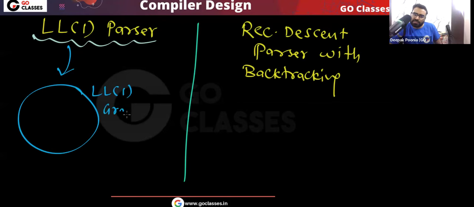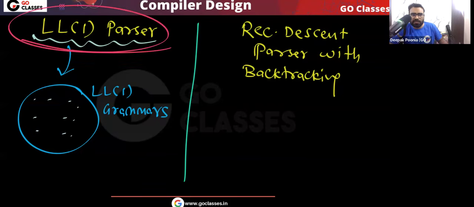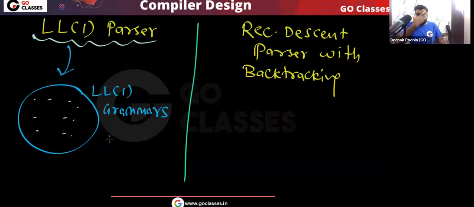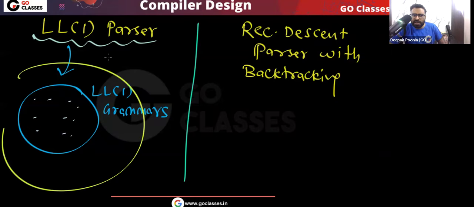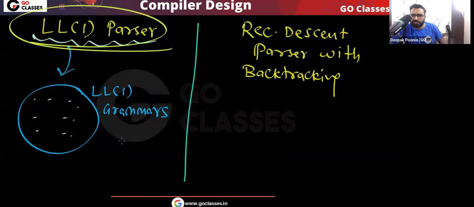All the LL1 grammars it will be able to parse, and all the grammars which are not LL1, the LL1 parser will not be able to parse. So for the LL1 parser, we have a specific class of grammars which it will be able to parse, and all the remaining grammars it will not.